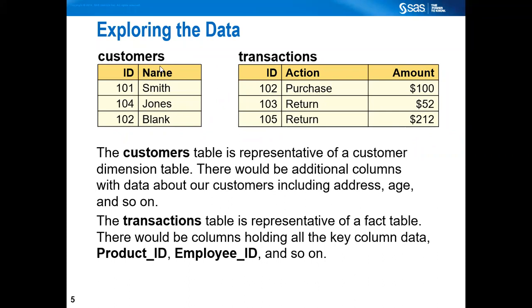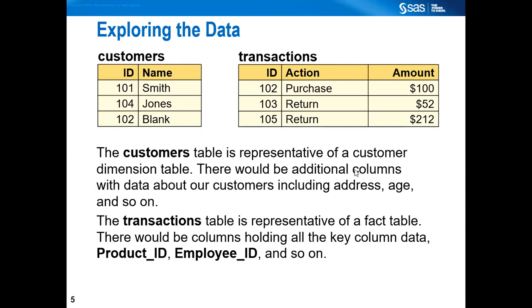Then we have columns in this table like name, maybe last name, maybe birth dates, maybe the date on which they performed a purchase with the organization, or something else. But here they are showing only two columns. And of course, transactions is a table with information about which customer has performed the transaction, what the action is, and the amount of the transaction. If you see, ID is there, and here also you have an ID. So you have a common column called ID.